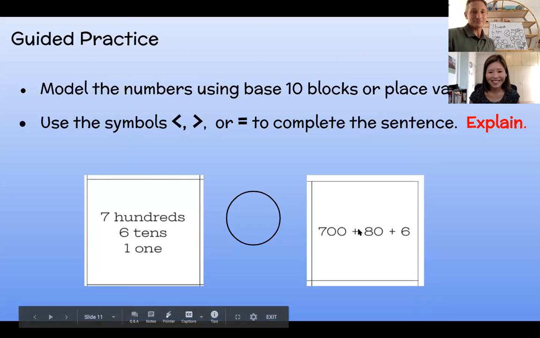So using my base 10 blocks made it really clear and really easy for me to count and to see which number was greater and which number was less than. So 761 was less than 786. Whew. Great job. Made it. That was a good one, Miss Yuka.